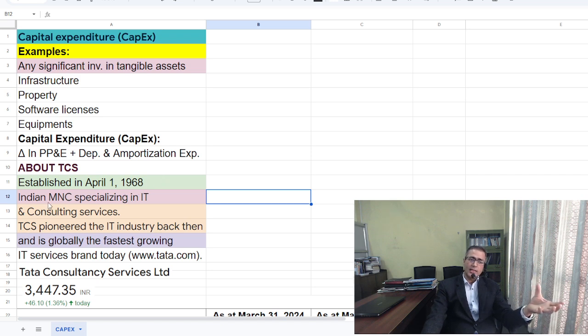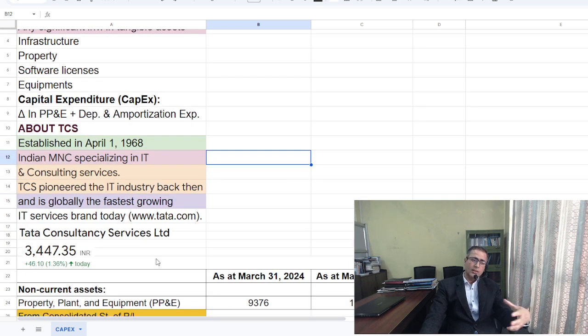You can say it is an Indian MNC specialized in IT and consultancy services, and it pioneered in the IT industry back then, and globally it is the fastest growing IT services brand today. And when you look at its stock price, it is 3447.35. This is just for your general information.